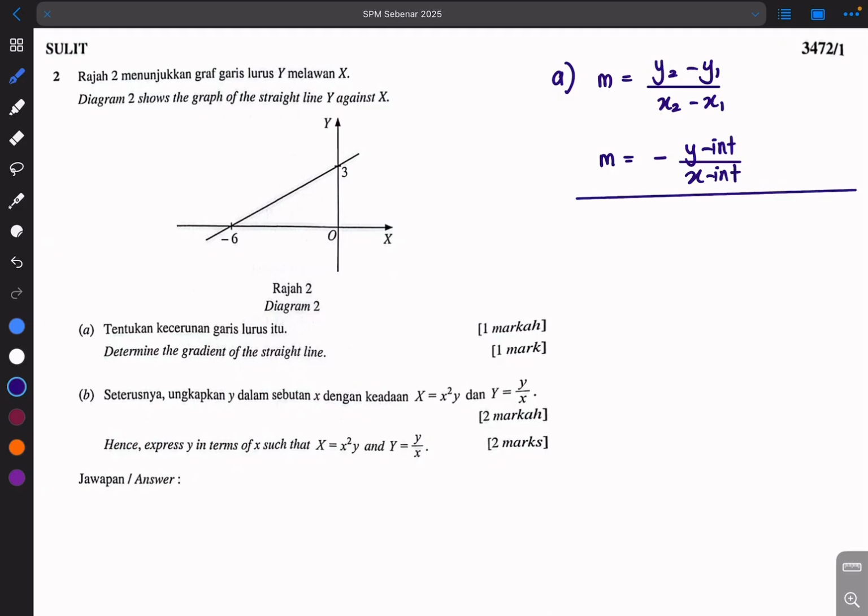So the first one, if we use the first formula, we need to find the coordinates. So the coordinate of this point will be (0, 3). X is 0, y is 3. Here will be (negative 6, 0). So the first formula will be y2 minus y1 over x2 minus x1.